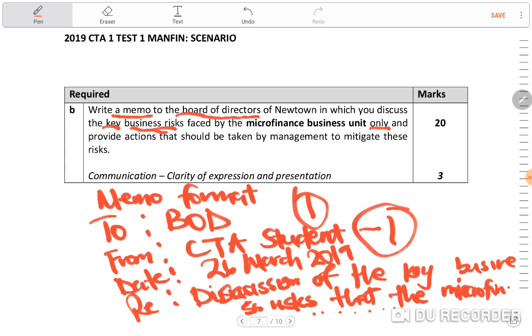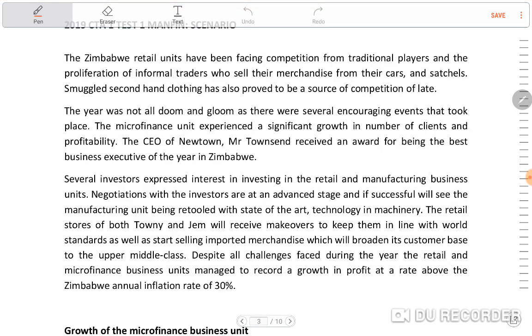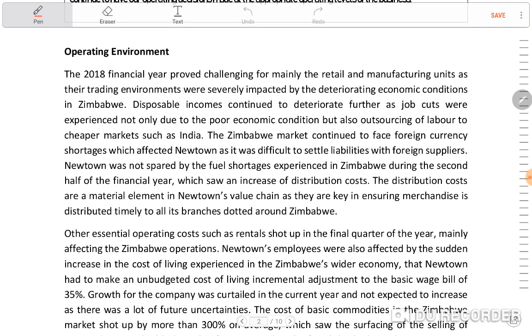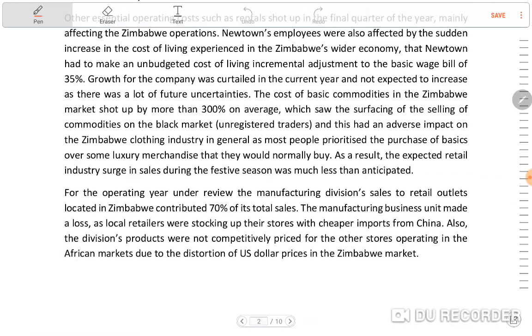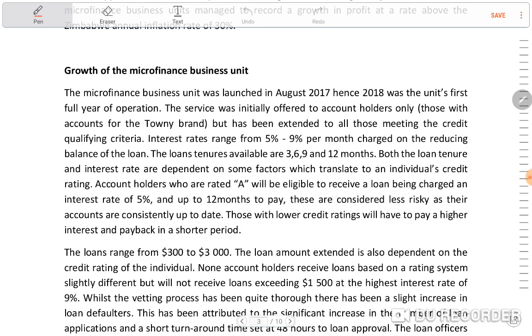Now let's discuss, besides the memo format, what were you supposed to discuss? You were supposed to identify key business risks faced by the microfinance business unit only. So going back to our scenario, we've been given a lot of information from the operating environment right through to growth of the microfinance business unit.